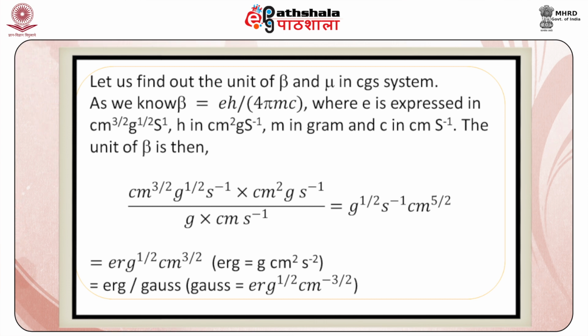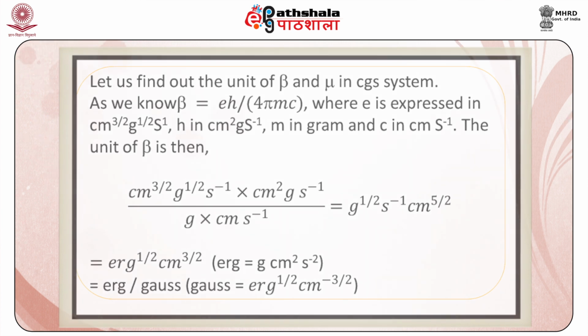So putting all these units in the formula of β, the unit of β becomes equal to gram raised to power 1/2, centimeter raised to power 5/2 per second. And as we know, erg is equal to gram centimeter square per second square. So the unit of β in the form of erg is equal to erg raised to power 1/2 centimeter raised to power 3/2, which becomes equal to erg per Gauss.